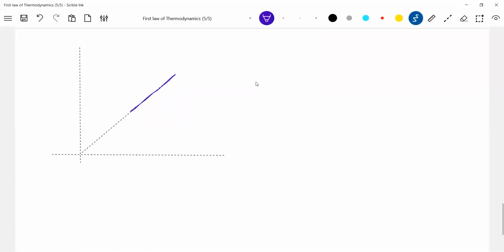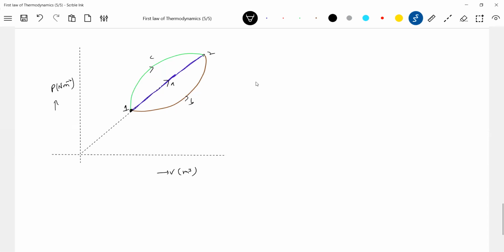Let me draw bigger lines. Okay, we have pressure, volume, that one. So there's a path A, B, and C. So this is state 1, 2.